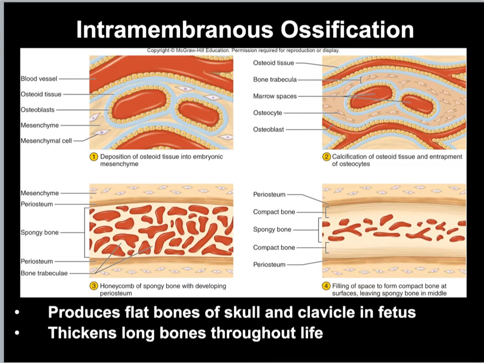Since this is forming around all of these blood vessels, what we get is very thin plates of bone tissue, and these become your first trabeculae.